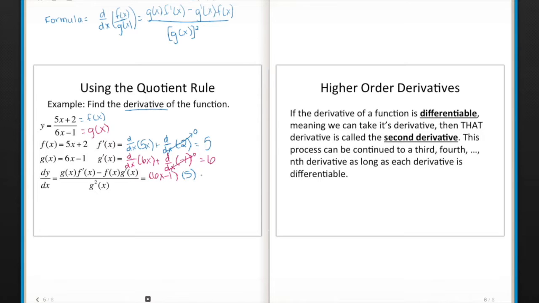So now let's plug this into the formula. We bring up that bottom function, 6x minus 1, multiply it by the derivative of f of x, which is 5. Then we subtract the derivative of our bottom function, which is 6, times our top function, which is 5x plus 2.